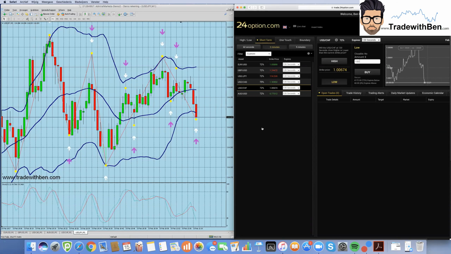I started to learn the average directional index, which is a very good indicator, the MACD, and Fibonacci levels. What I also studied a lot was support and resistance lines. There was a time when I only traded support and resistance lines, which was quite good actually. They are the basics of trading, but it's not enough.